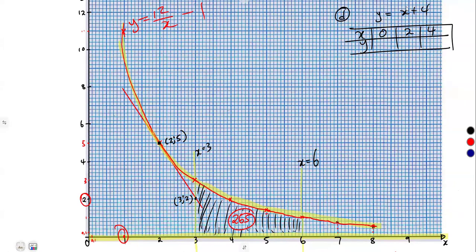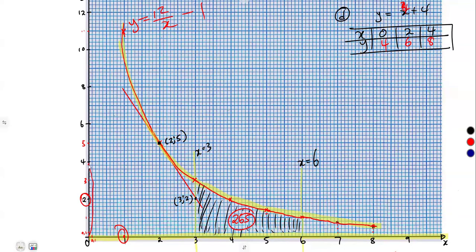When x is 0, 0 plus 4 is 4. When x is 2, 2 plus 4 is 6. When x is 4, 4 plus 4 is 8. So you mark those points. Remember, guys, how to sketch a straight line.